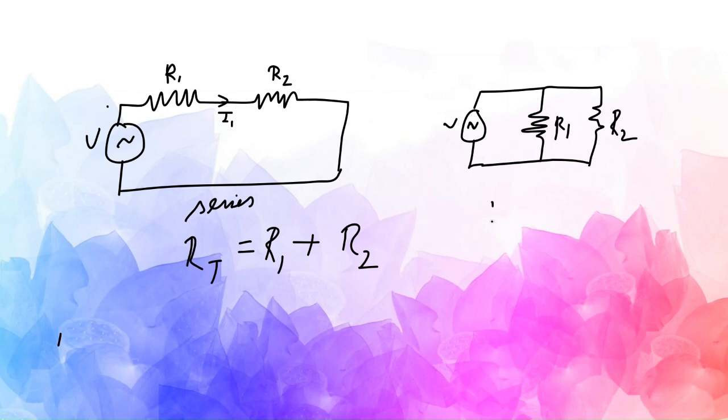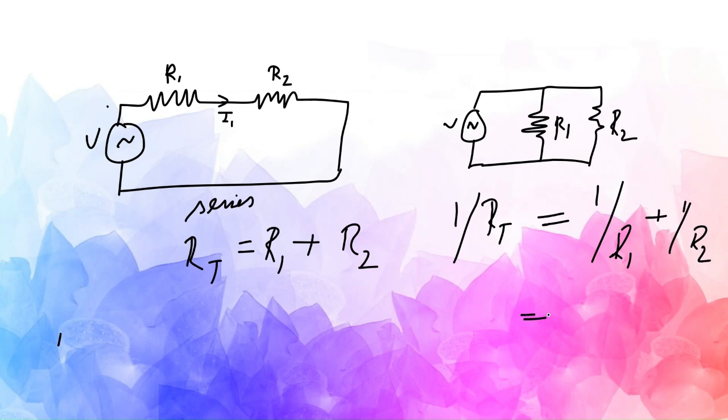And what is the equivalent of this circuit? That is 1 by RT. The formula is 1 by RT equal to 1 by R1 plus 1 by R2.